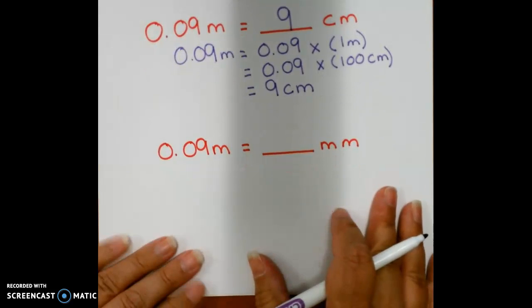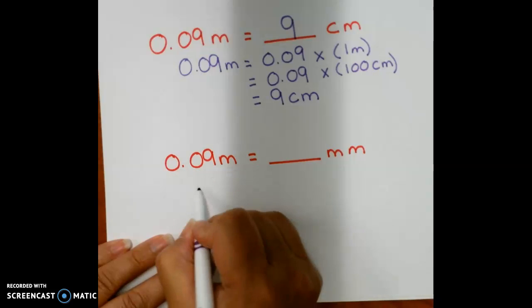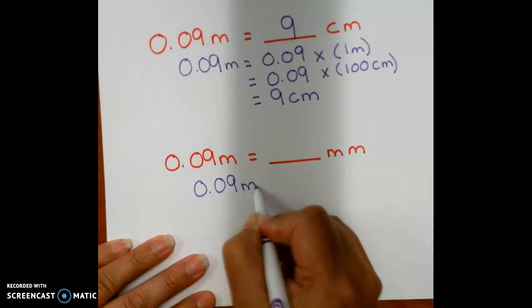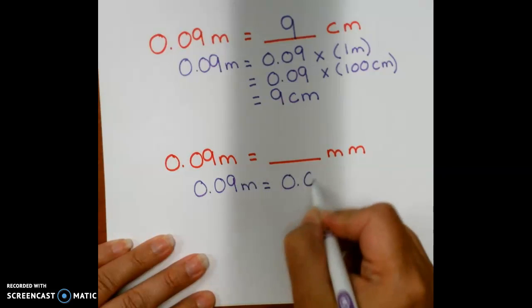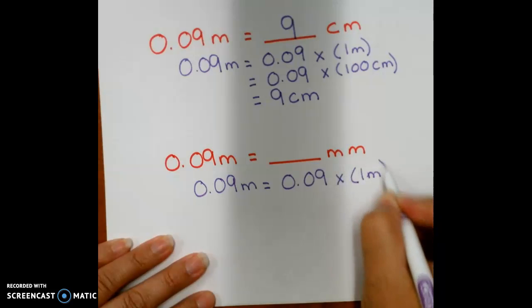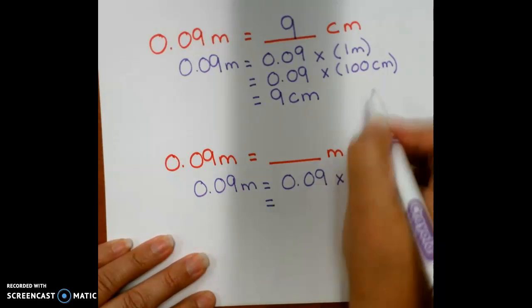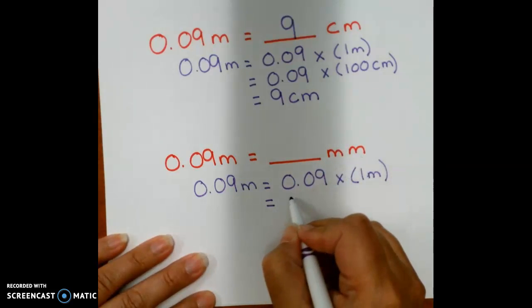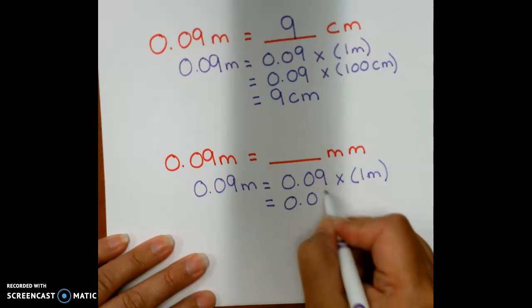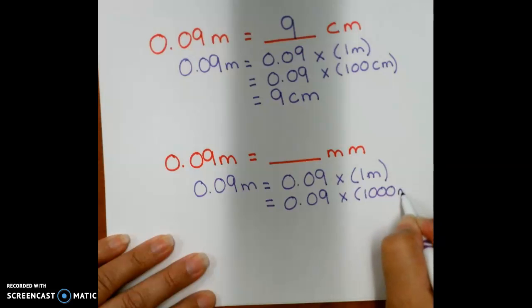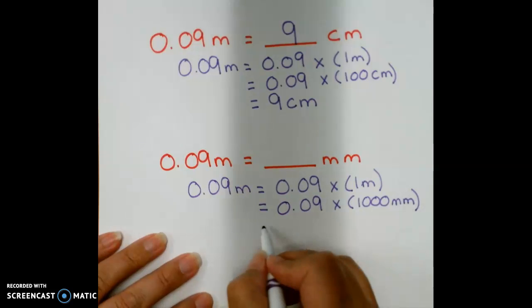Now, I have 9 hundredths of a meter, which again, it still equals 9 hundredths times 1 meter, but this time I want to convert it to millimeters. That's what that mm stands for. So I'm going to multiply times 1,000 millimeters, because there are 1,000 millimeters in a meter.